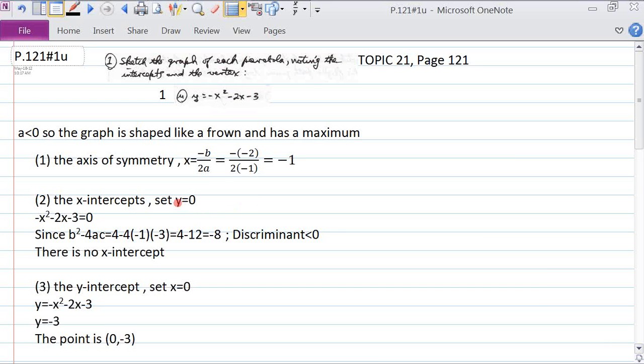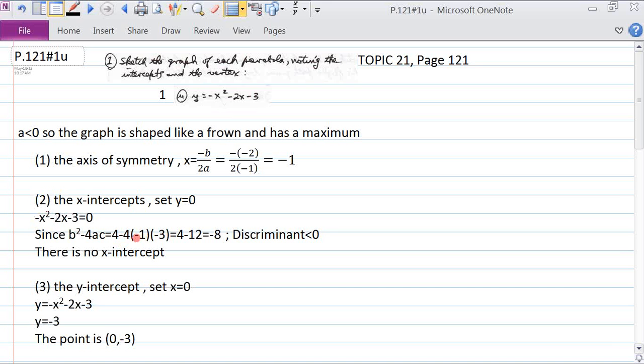To find the x-intercepts, we set y equal to 0. So we take the equation up here, and we set y equal to 0. Now, in this case, b squared minus 4ac is equal to minus 2 squared, which is 4, minus 4 times a, which is -1, the coefficient here, and c is -3.